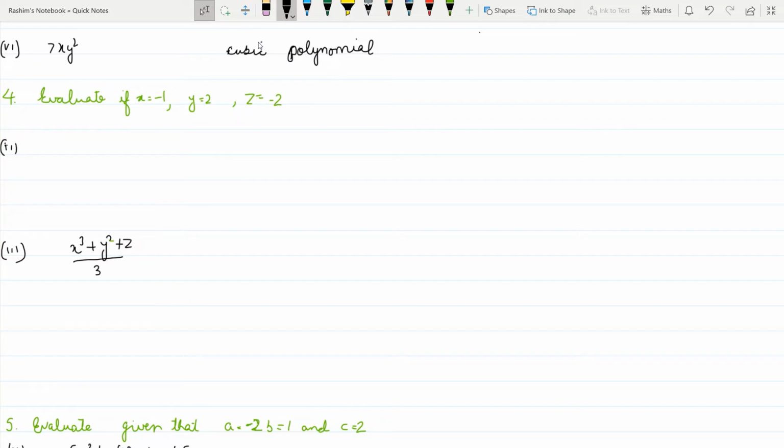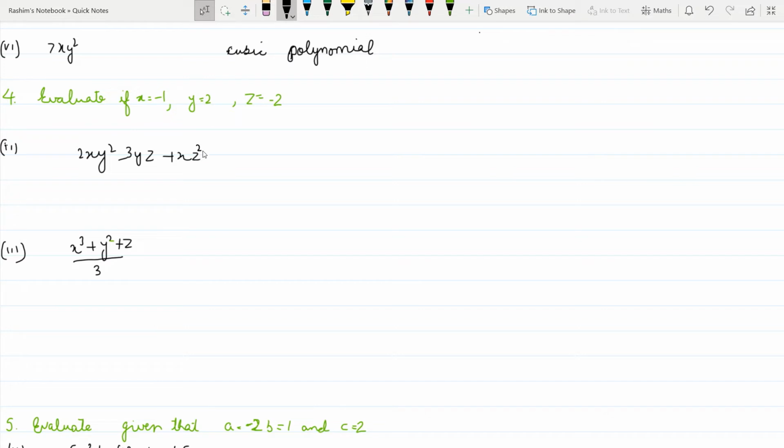Now in the fourth part we have to evaluate, if x is equal to minus 1, y is equal to 2 and z is equal to minus 2, we have to find the value of 2xy square minus 3yz plus xz square.